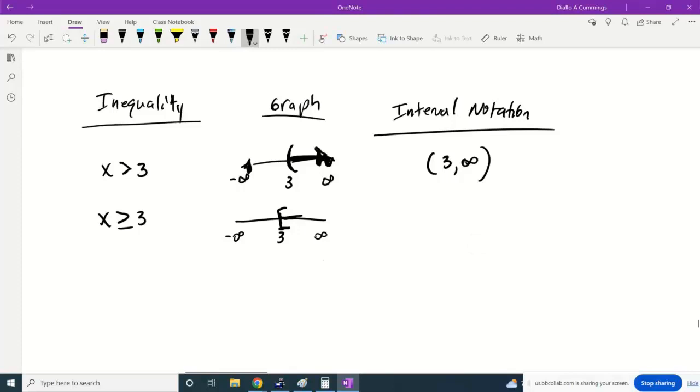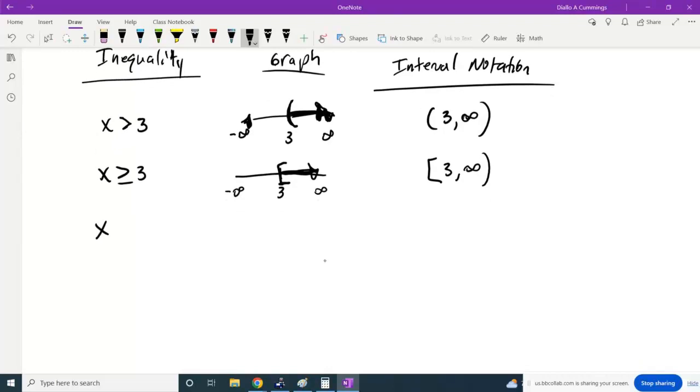Since I want all numbers that are greater than 3, my line is still going to face the right. So I'm going to write this in interval notation as bracket 3 to infinity. That rough sketch of the graph basically is your interval notation.